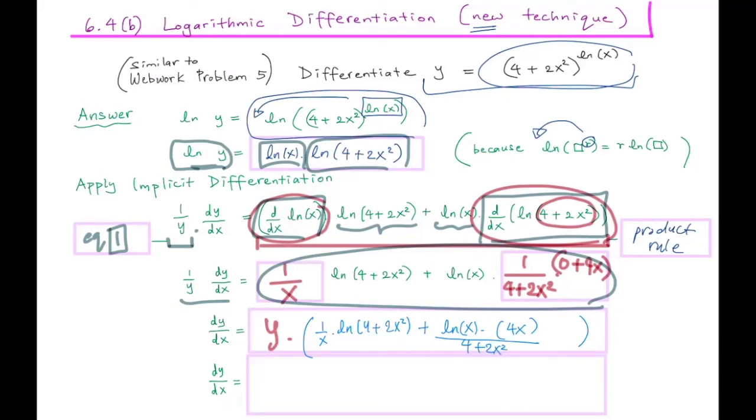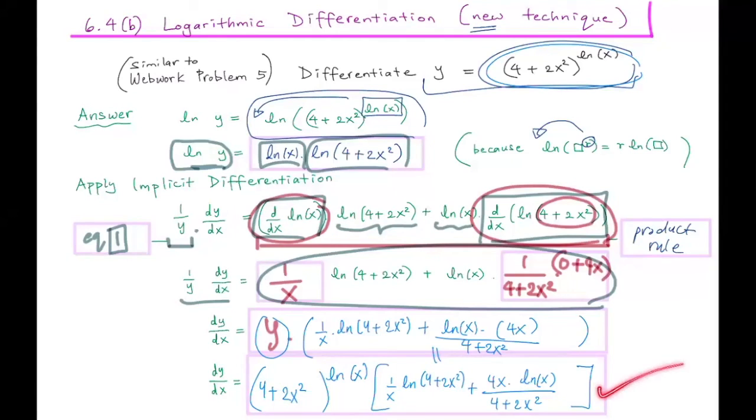And finally, I just have to replace this y with the function. So I replace y with the function 4 plus 2x squared to the natural log of x. And then over here, I copy down what I have here. And this is my derivative.